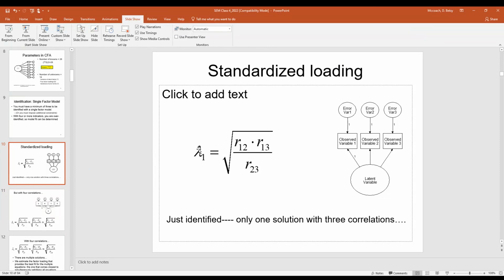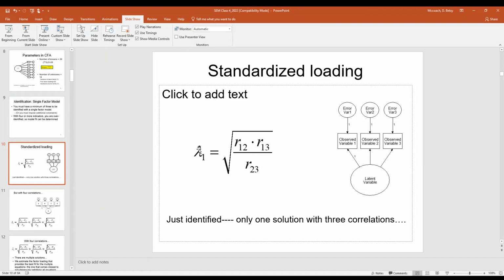The standardized loading for the first item goes back to regression. How do you get a regression path? It's the correlation of the first and second variables, times the correlation of the first and third variables, divided by the correlation of the second and third variables. Does this sound familiar from regression? It should. So really this lambda 1 is just like a standardized regression coefficient.